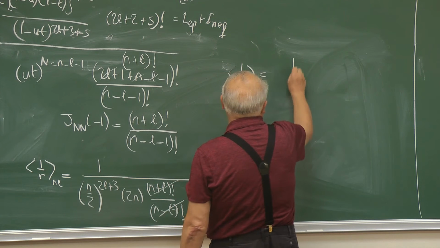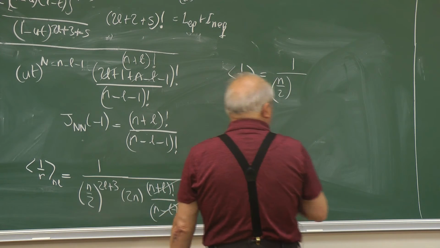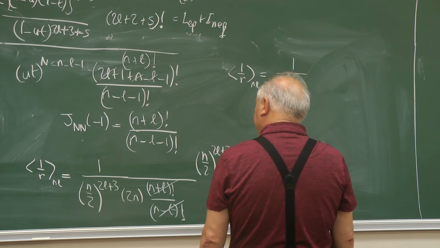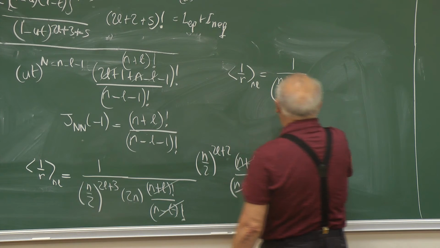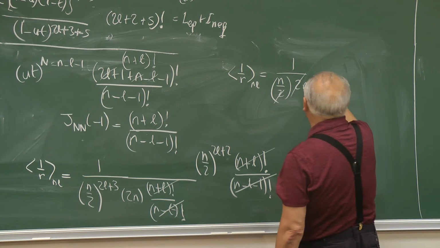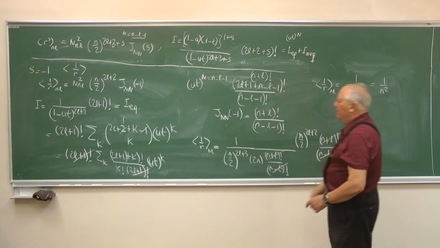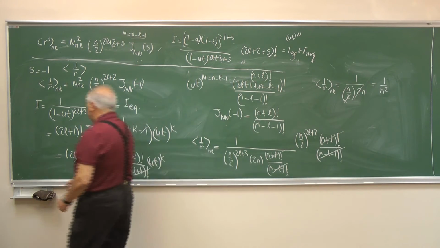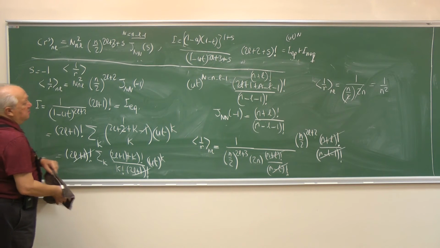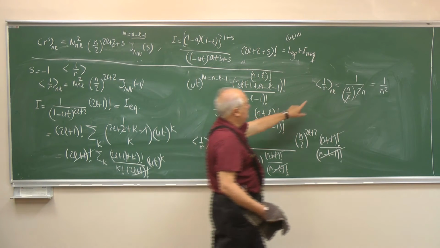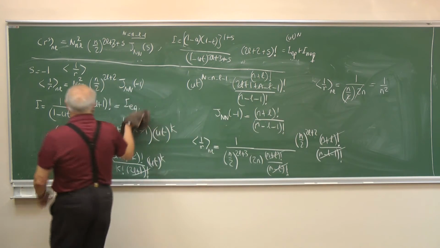So there is only one power of n over 2, and only 2n is left. So the 2's cancel. So the result is 1 over n square. So I can erase this part. The calculation is finished, but I want to talk a little bit about this result, the average of 1 over r, 1 over n square. I'm erasing this. We don't need this anymore.